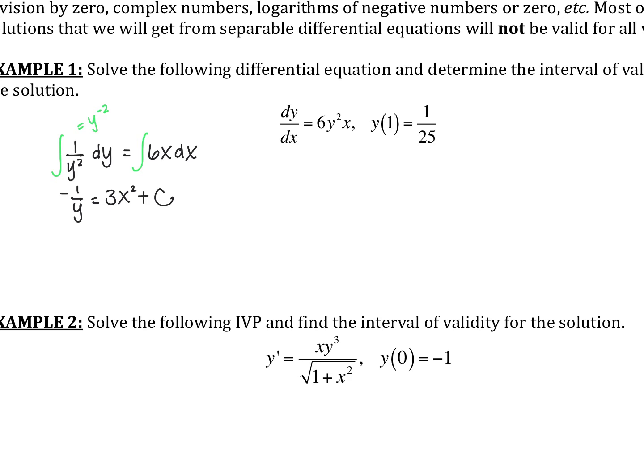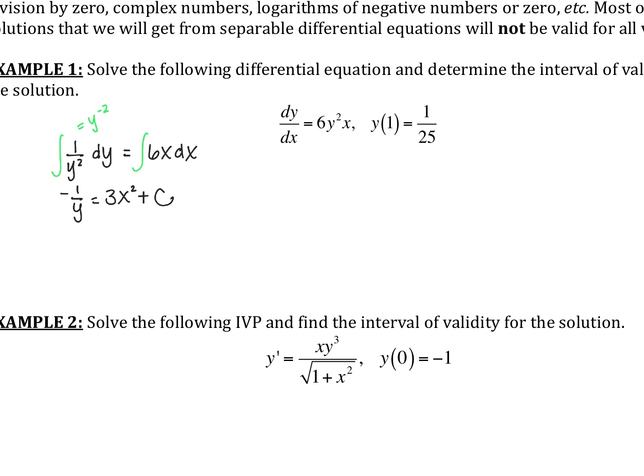Now, a couple things about that. Really, both sides should have a constant of integration. But what happens? I subtract a constant from a constant and I get a constant. Still a constant. My goal is to solve for c if it's an initial value problem, which this one happens to be.